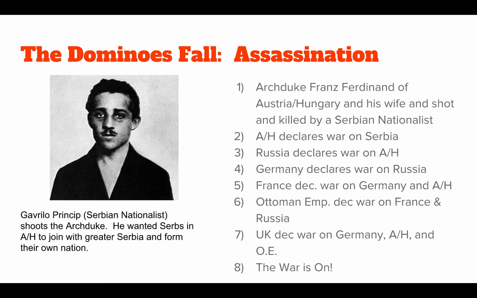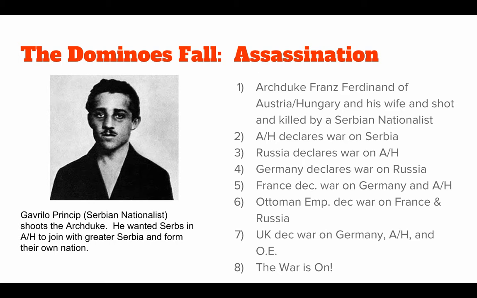Serbia, small country, it's tied to Russia through a similar culture. Russia sees itself as the defender of the Slavs and the defender of the Serbian people. So they go to war and declare war on Austria-Hungary.